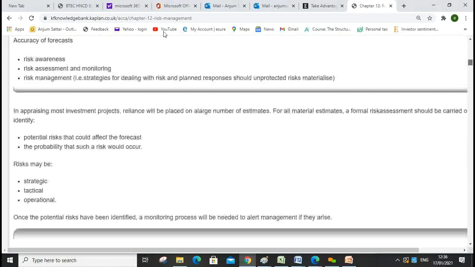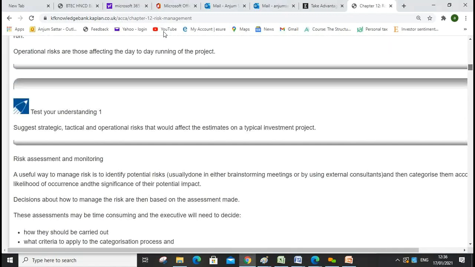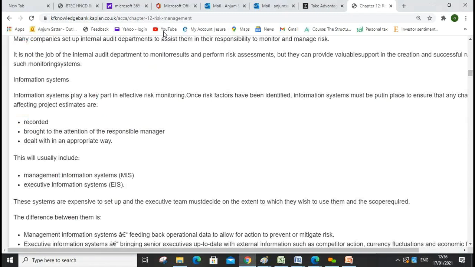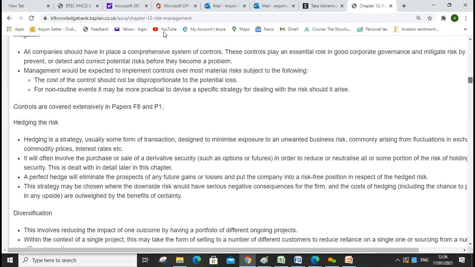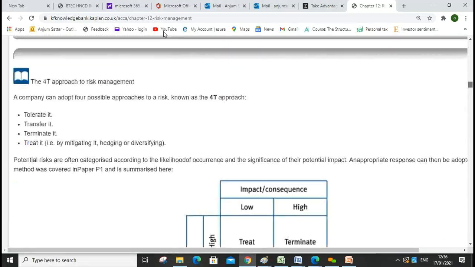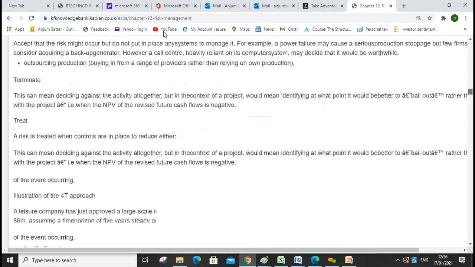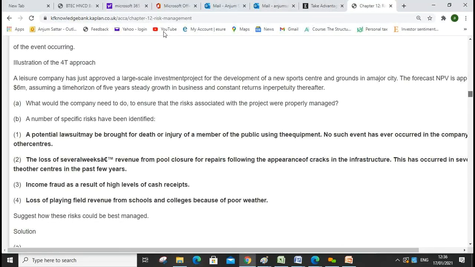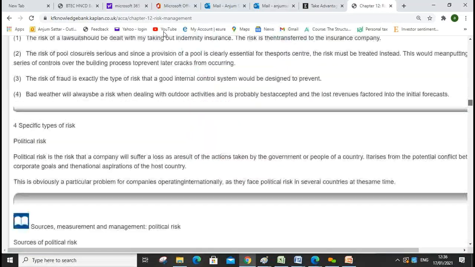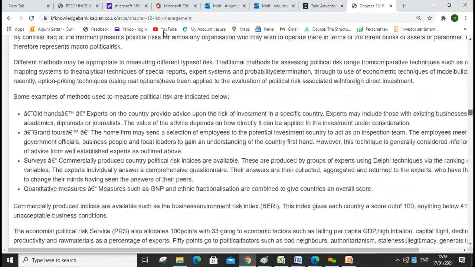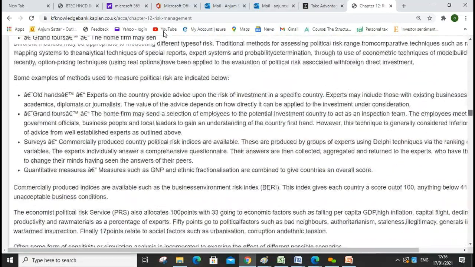You will see risk and policy decisions, a lot of scenario-based learning, and tests of your understanding about risk, MIS, EIS, the executive information system, mitigation, hedging, threats, transfer, fraud threats, and lawsuits. All these are risks and how we can manage them.